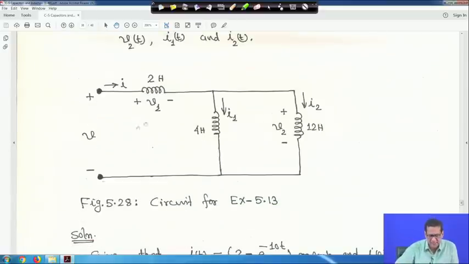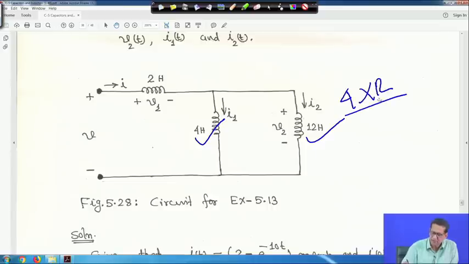The circuit is given, and 2 inductors are there in parallel. These 2 inductors are in parallel, which means their equivalent inductance will be 4 into 12 divided by 4 plus 12, so it will be 3 Henry.